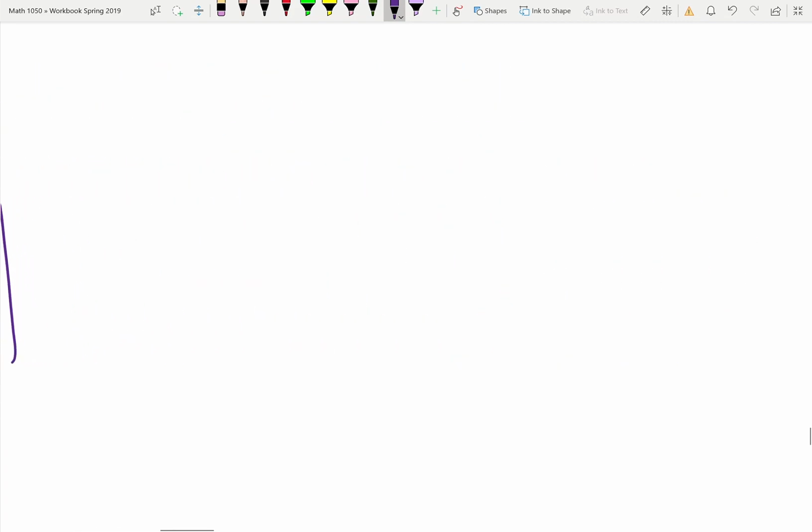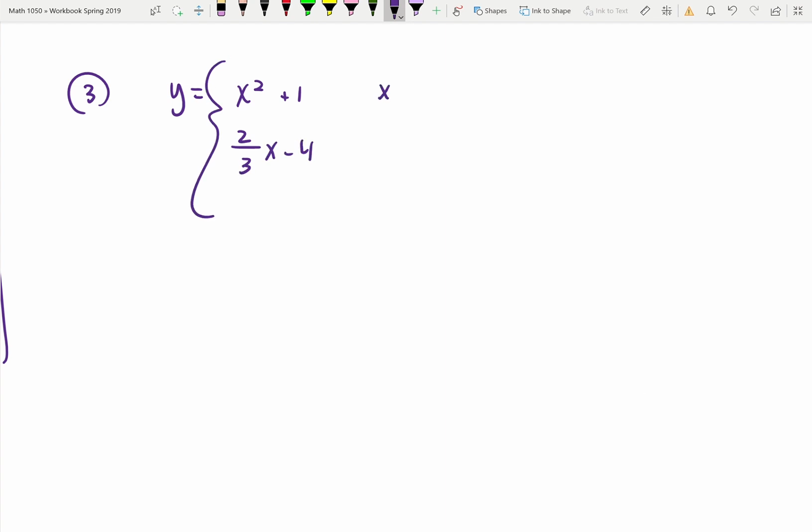Okay, here's the third example. y equals x to the second plus 1 and 2/3 x minus 4, and then they give you places where that is true. So x is less than 0, x is greater than or equal to 0. And instead of y, they usually put f of x or g of x. It doesn't matter though.